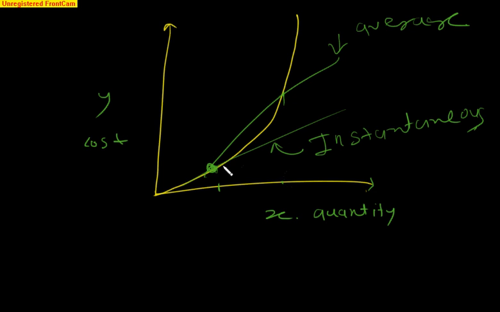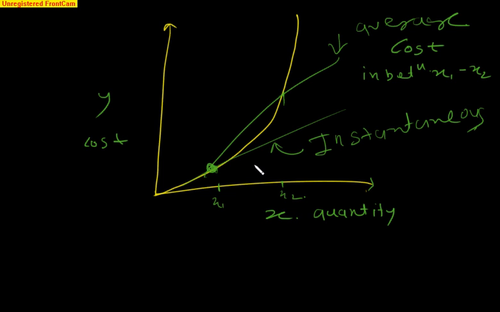And I will try to find out the slope between these two, suppose x1 and x2. The slope is nothing but the average slope of this line between these two quantities, x1 and x2. This is the average slope, or you can say average cost between x1 and x2.